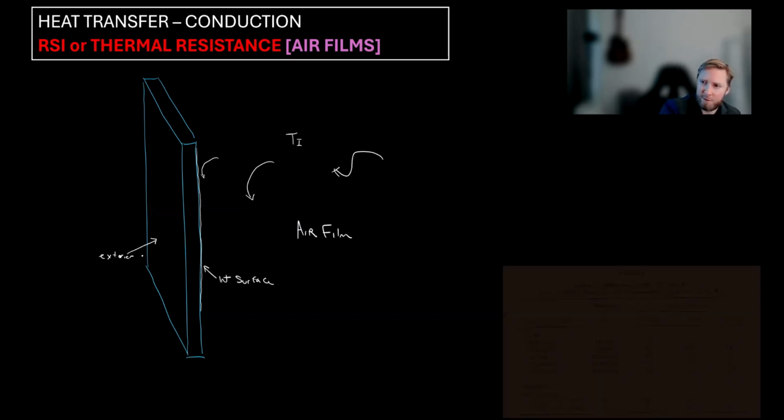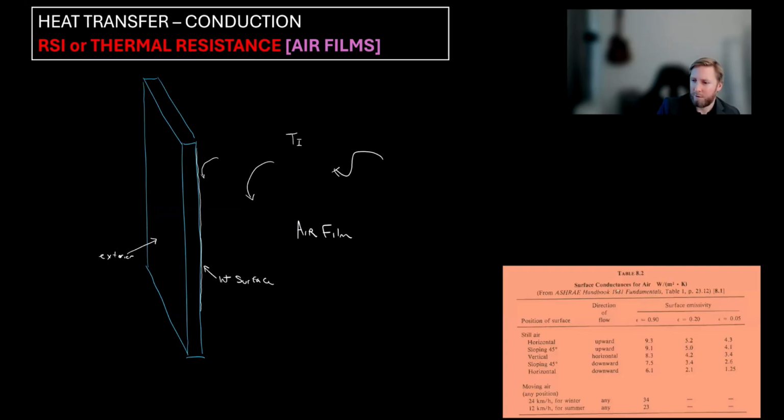So if we look at a table from ASHRAE here, we're going to have to look at the surface and vertical because we're dealing with a wall system here. So we're dealing with a vertical surface of still air, and the direction of flow is horizontal. That's the path perpendicular, which heat is going to transfer through.